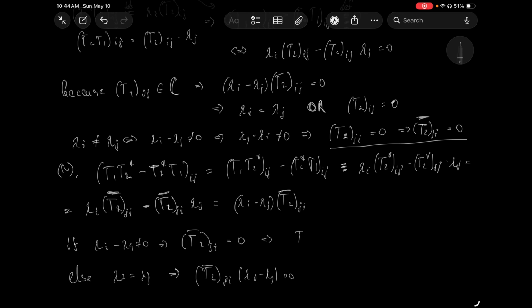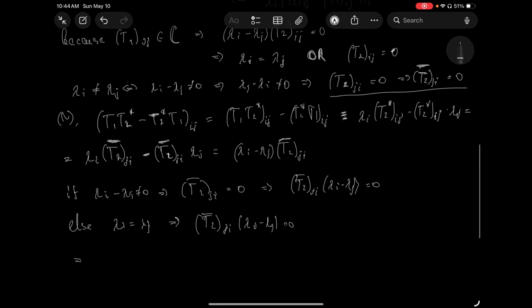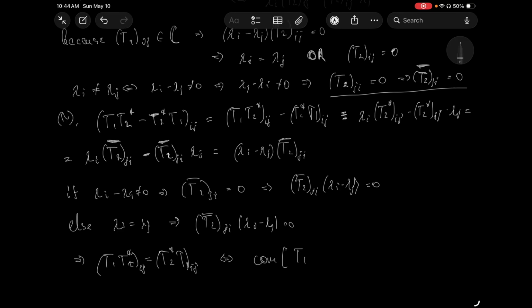And in this case, it also equals 0. So in both cases, it equals 0, which means that our commutator equals 0 too. That means our commutator equals 0. And that's basically it. That's the proof of this theorem.